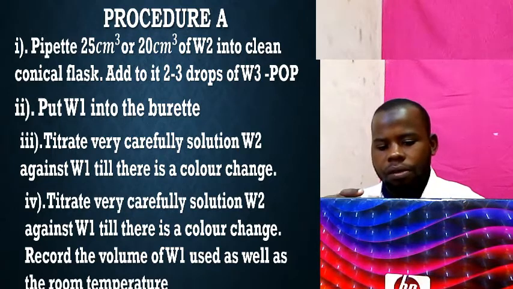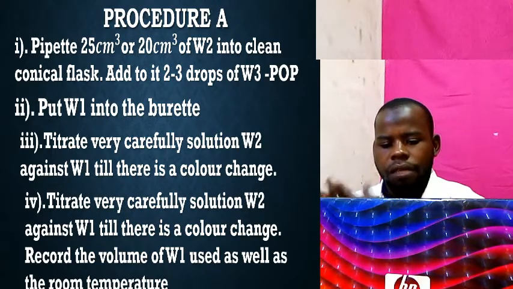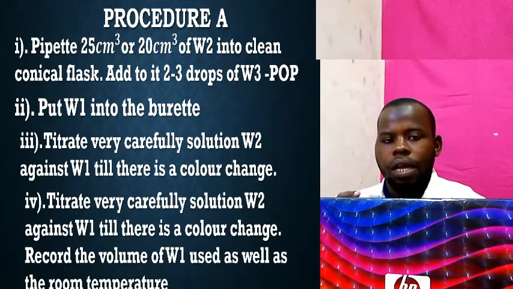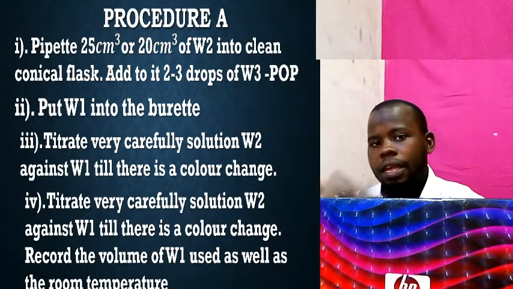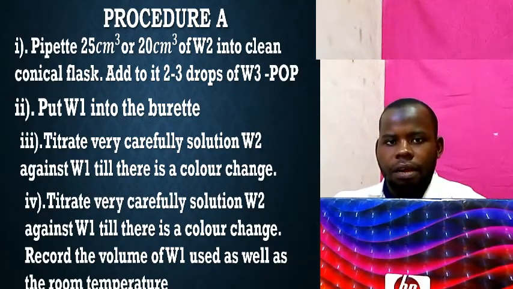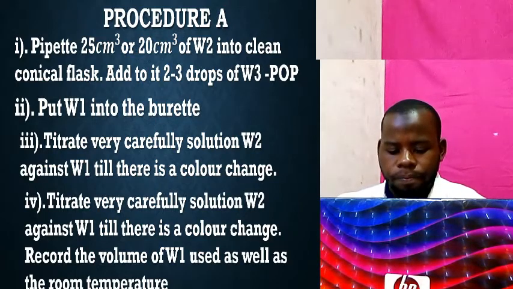Titrate to one color change. Record the volume used as well as the room temperature. The room temperature here is 20 degrees. Even if we measure with a thermometer, we observe that it is 20.